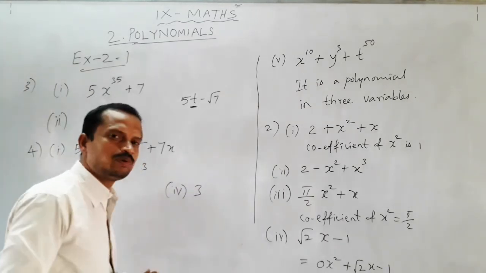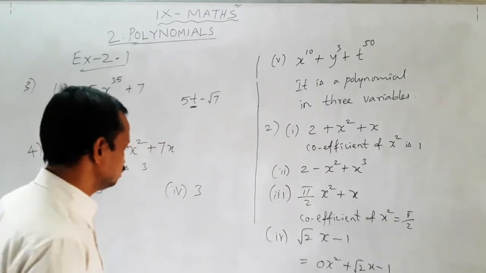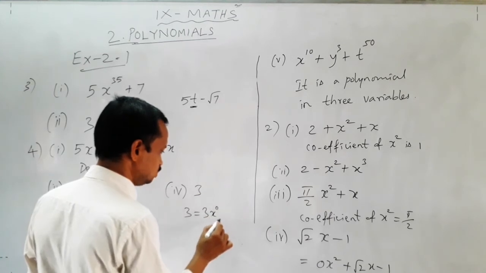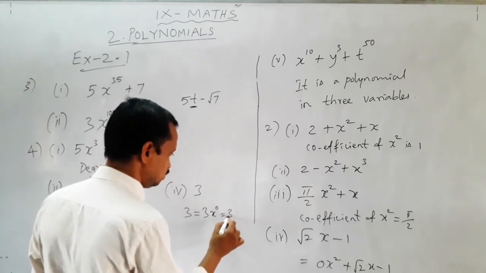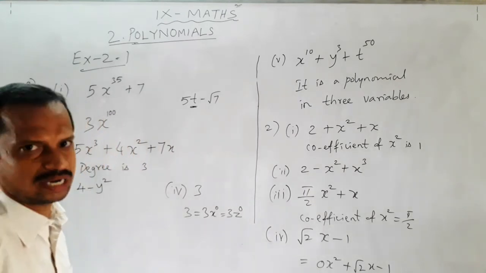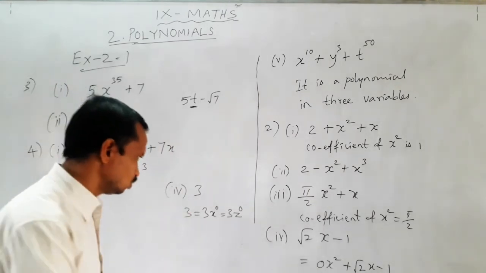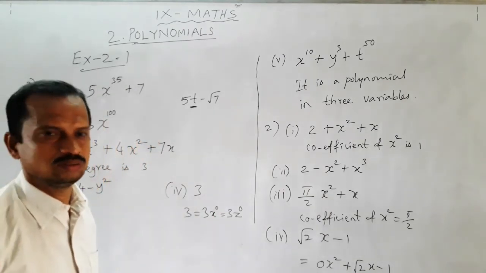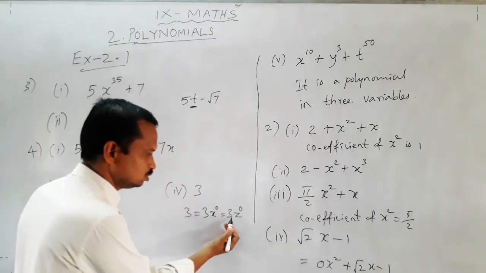So for a constant polynomial, what is the degree? 0, because we can write 3 as 3 into x power 0 or 3 into z power 0. Any variable with power 0 we can write for the constant polynomial. So the degree of a constant polynomial is always 0, because 3 into 1 is 3. Here also 3 into 1 is 3.